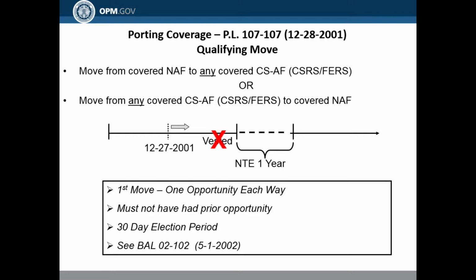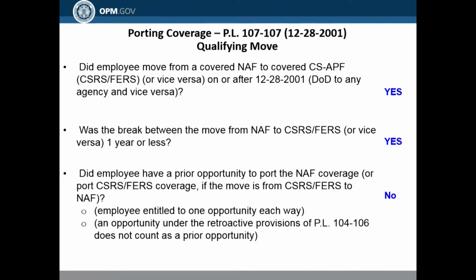Now, the thing is that, and this is really kind of cool here, Public Law 107-107 actually eliminated the vesting requirement. If you remember, under all the previous election opportunities, you had to be vested. Under porting coverage under 107-107, that vesting requirement was actually eliminated. So it pretty much rolled everybody else in under this. So if you refer to your cheat sheet here, did the employee move from a NAF position to an appropriated fund position or vice versa after 12/28/2001 and to any of the other positions?